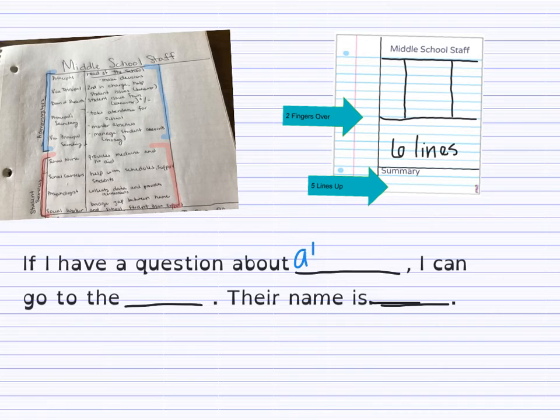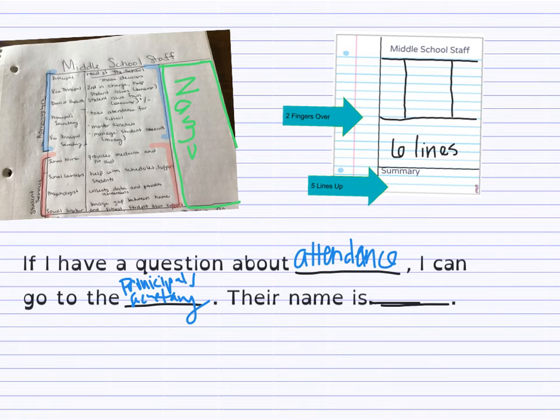If I have a question about attendance, I can go to the principal's secretary, and here is where your extra names come in, and you will put in the name of the person who has that role. So at Horning, if I have a question about attendance, I go to Ms. Craig.